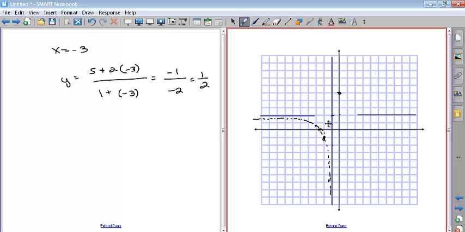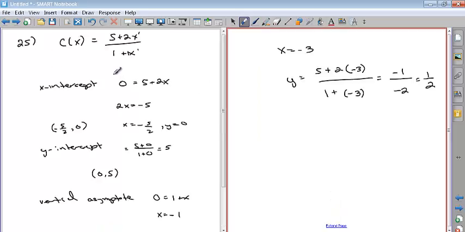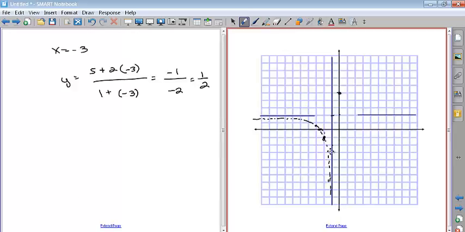And you could do the same thing here. Now, again, because there's a single root in the denominator, we know that if this goes down, then this has to come from the upward direction. So it comes down, it goes through this point, and then it's going to turn and come to this asymptote from that direction. So that one makes a whole lot more sense. I should have checked my answers earlier.